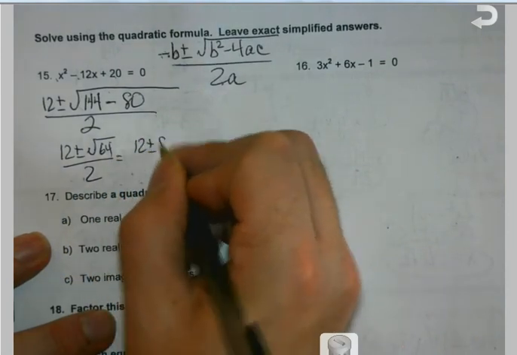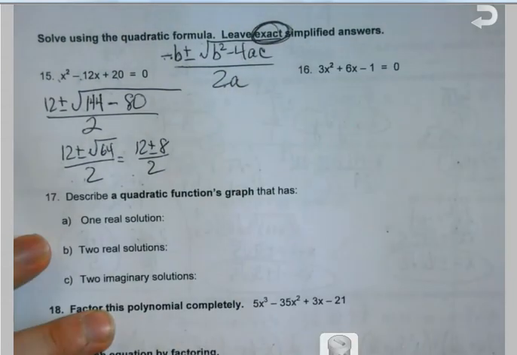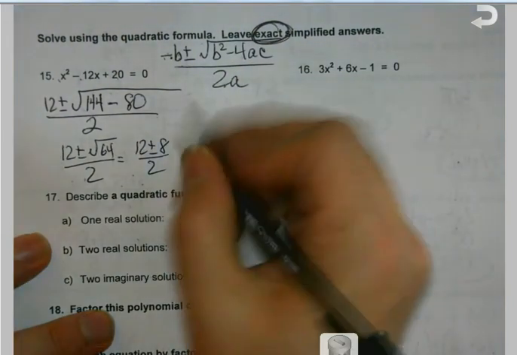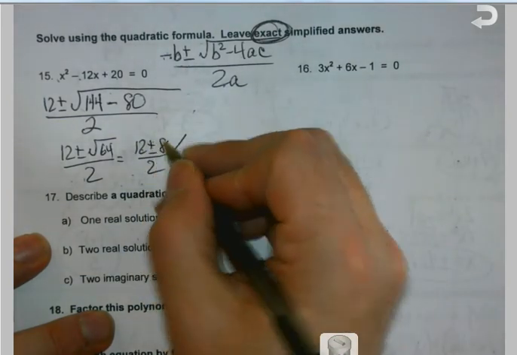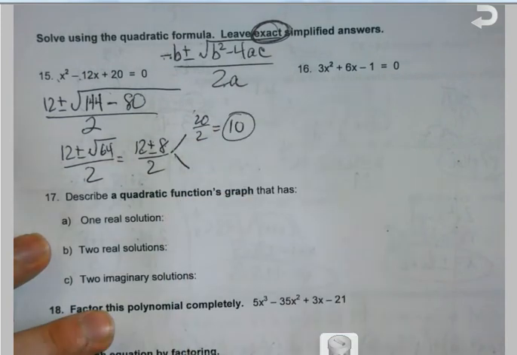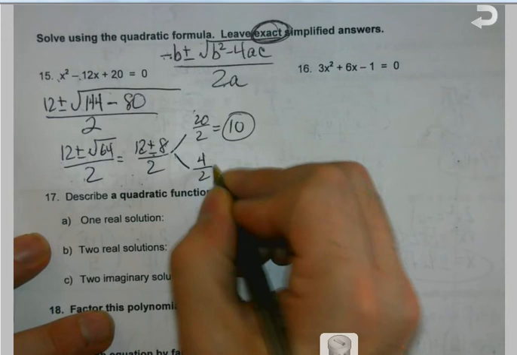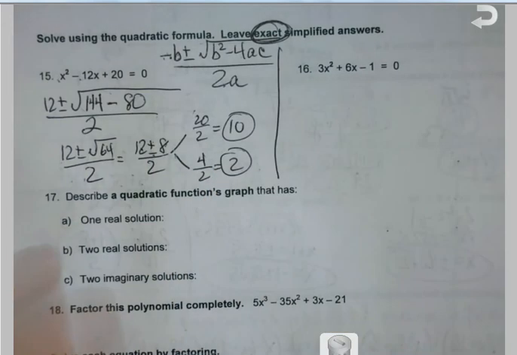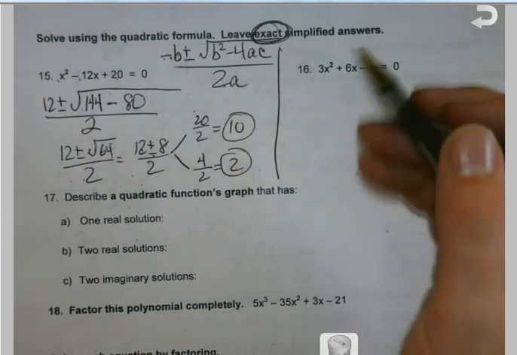Be cautious, please. Don't leave this. If you can split them, if the radical completely breaks down, well then get to it. 12 plus 8 is 20. Divided by 2 is 10. 12 minus 8 is 4. Divided by 2 is 2. If I can get exact answers, let's get some exact answers. That won't happen every time, but it can occasionally. Probably could have factored that one easier.